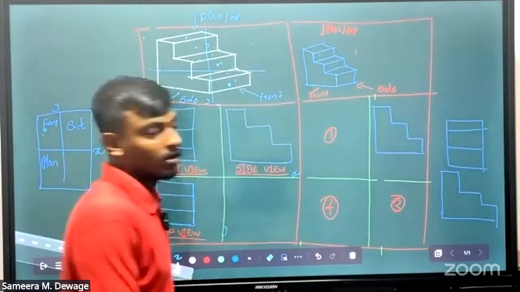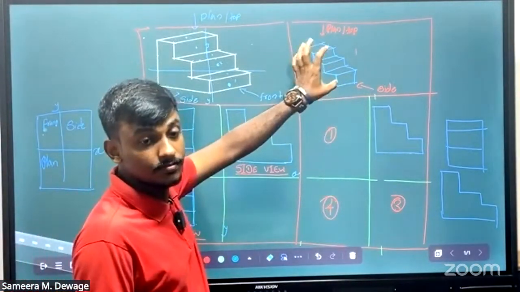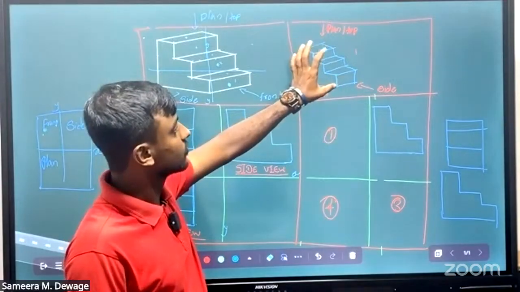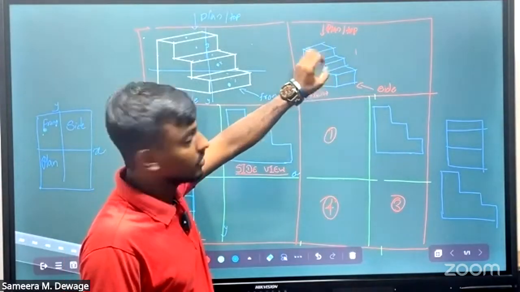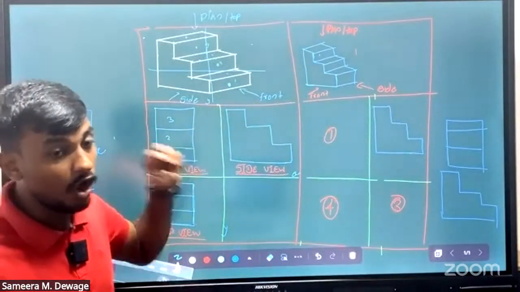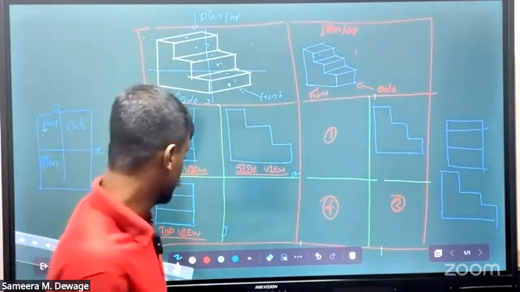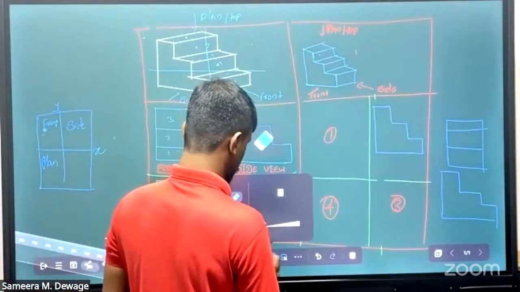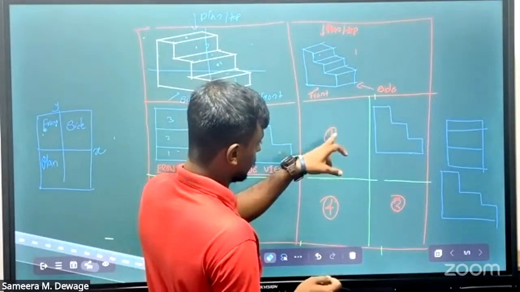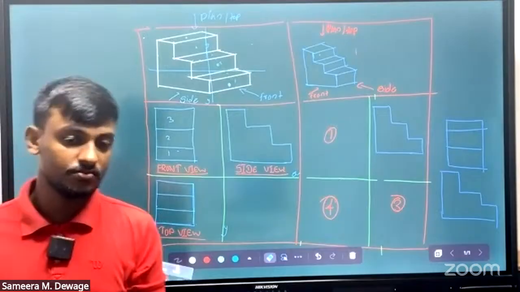According to this image, this is our front. Okay. So where do we need to draw our side view? Quick response. So there are three numbers: 1, 4, 3. So where do we need to draw?